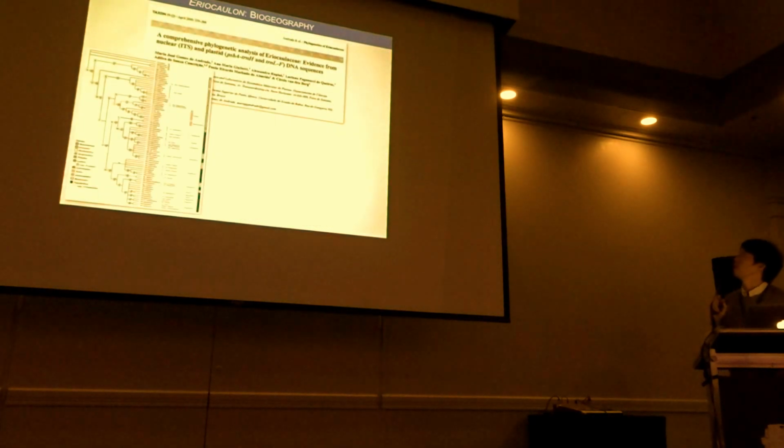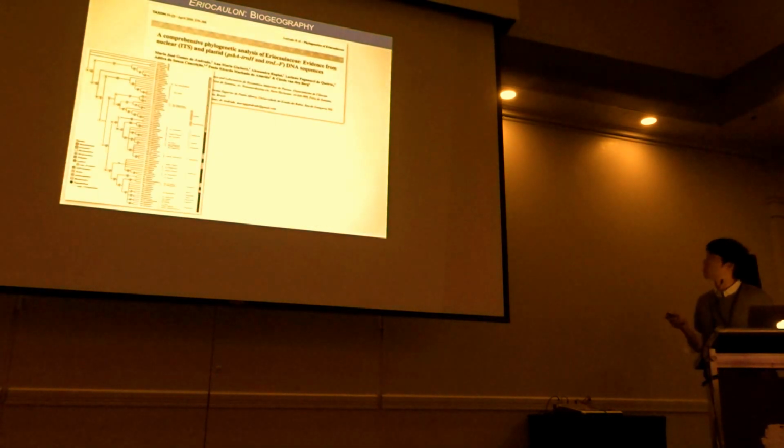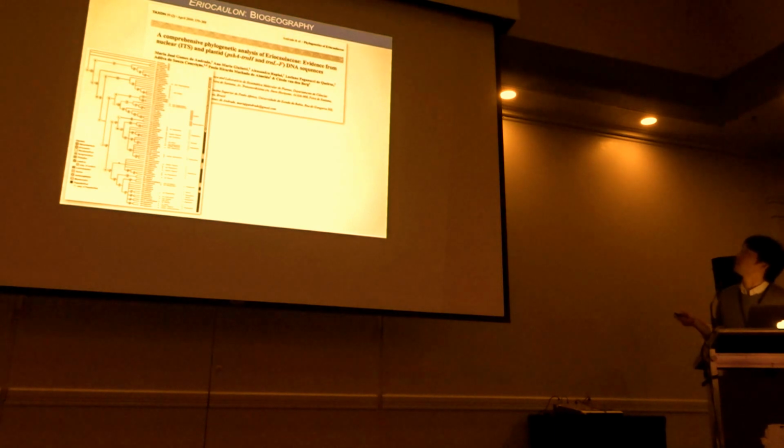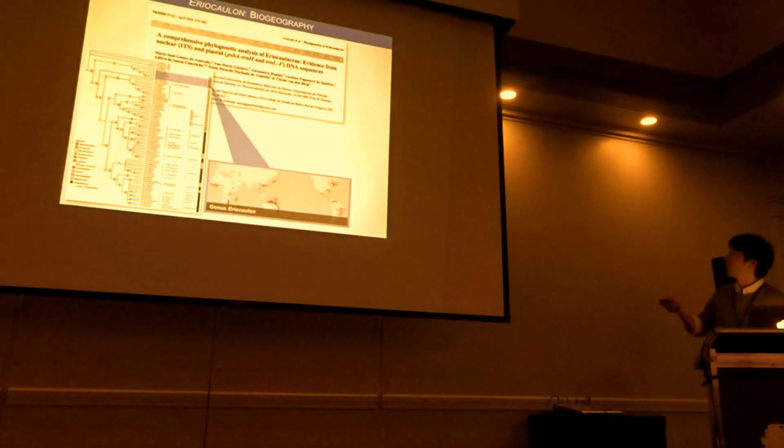We have prior information about the biogeography, because in 2010 a Brazilian group published a paper with a phylogenetic analysis of family Eriocaulaceae, which included five species of Eriocaulon. Now let's see where the species are. Here it is.